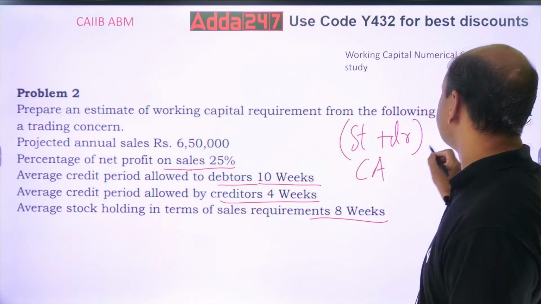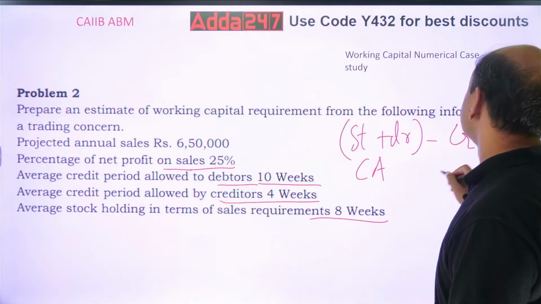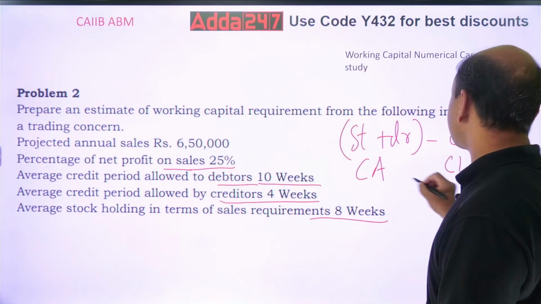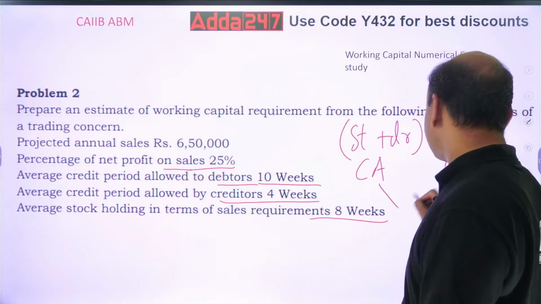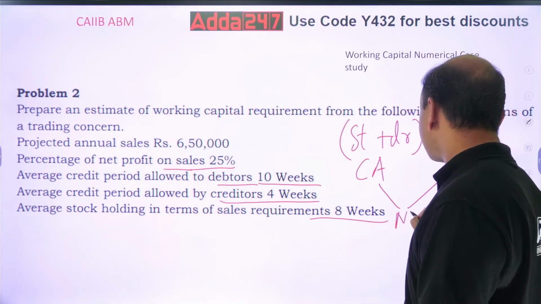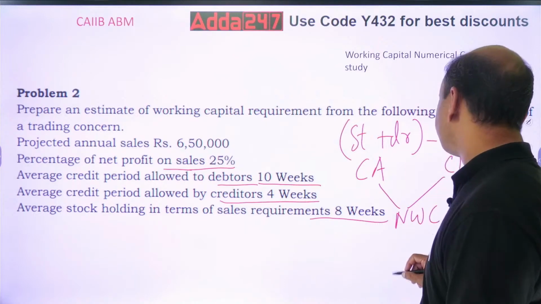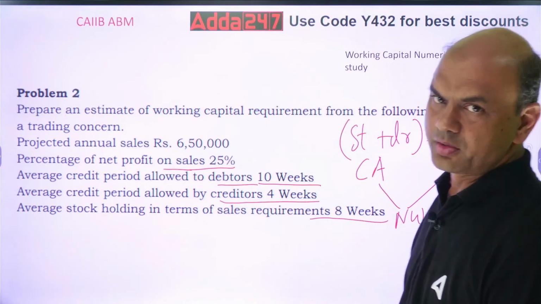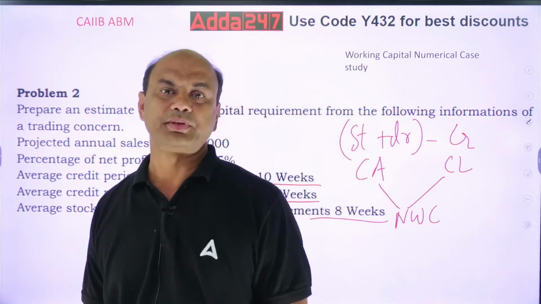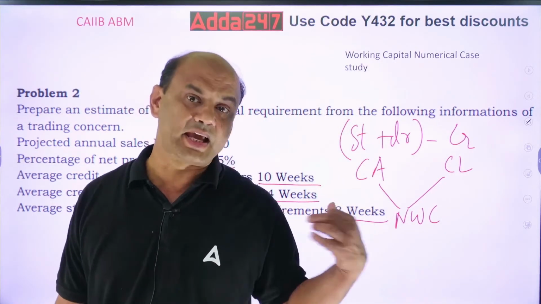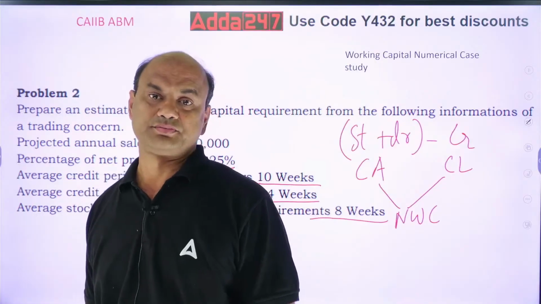Current assets minus creditors, these are my current liabilities. So current asset minus current liability. This gap is known as my NWC, net working capital gap. This gap is what I have to find out.